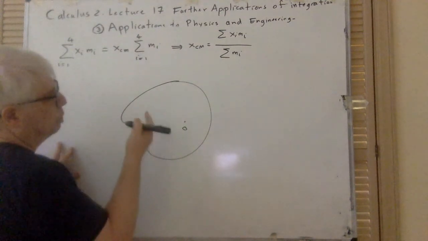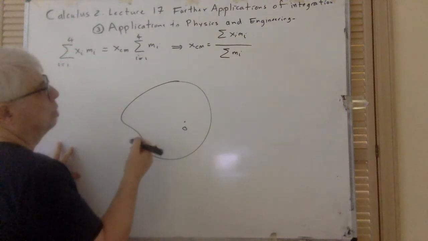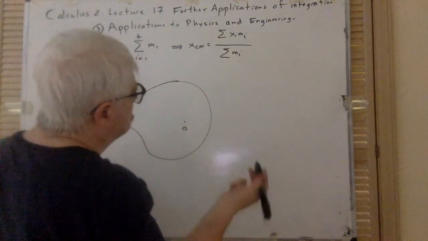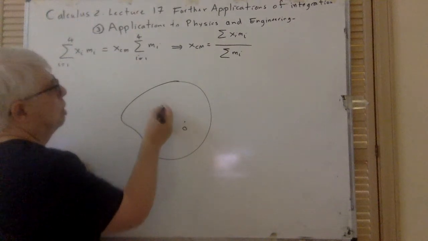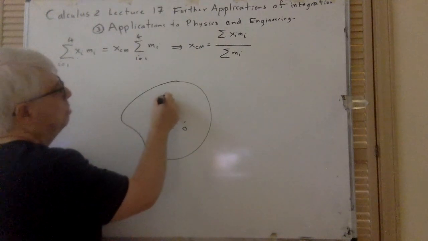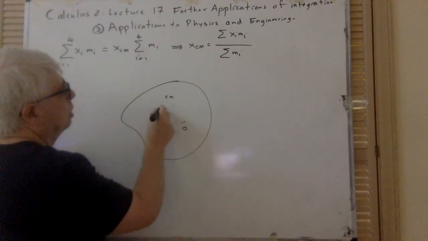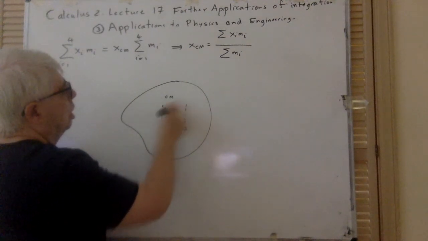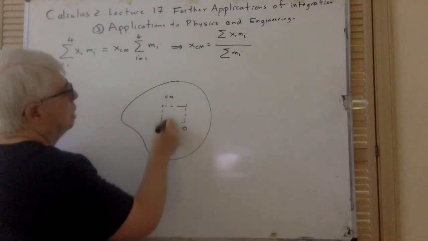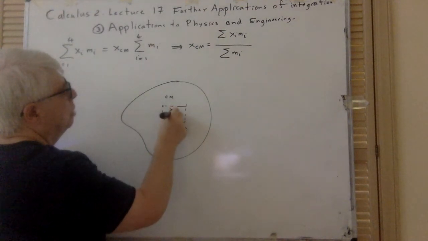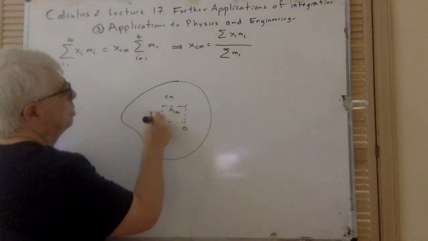It's very simple. For this one, we also do something like that. Then I have the center of mass, Cm. Then the center of mass has both x and y. So this is the x coordinate, x Cm, and this is y Cm.